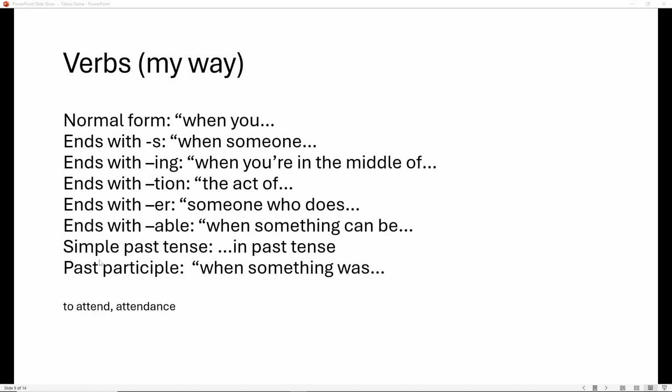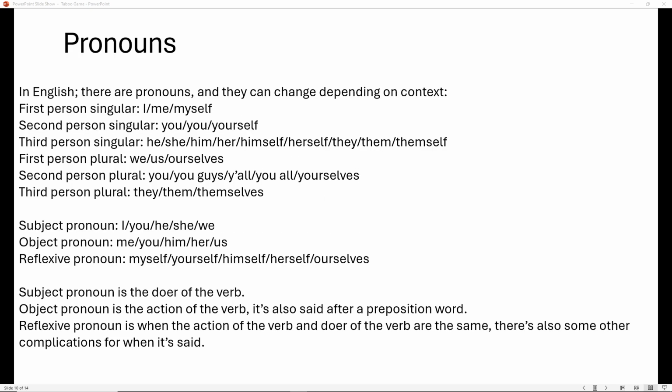And yeah, there's some exceptions, like for example, attend, attendance, right? Not quite turns into shin. Exceptions. Another little thing about English I know, there's personal pronouns, and they can change depending on the context.